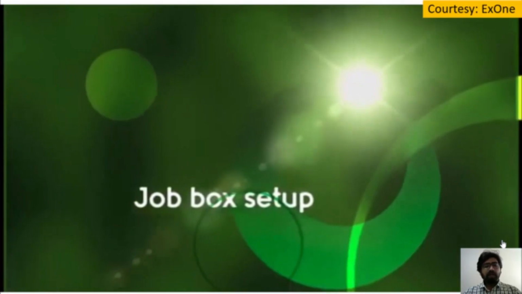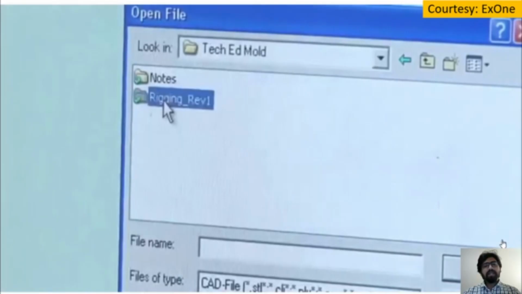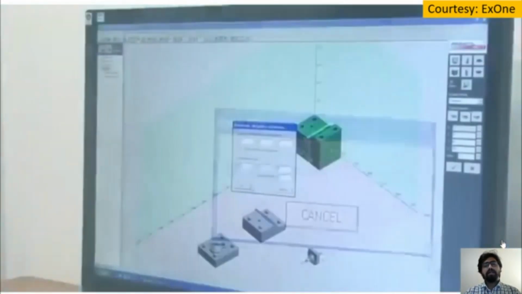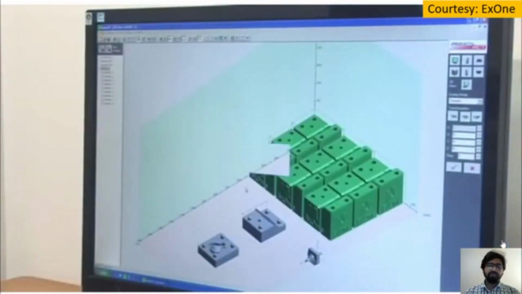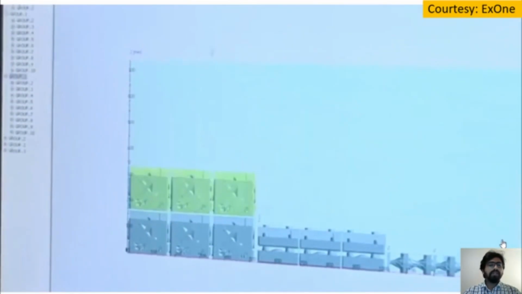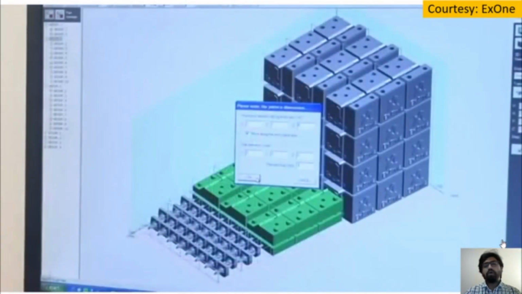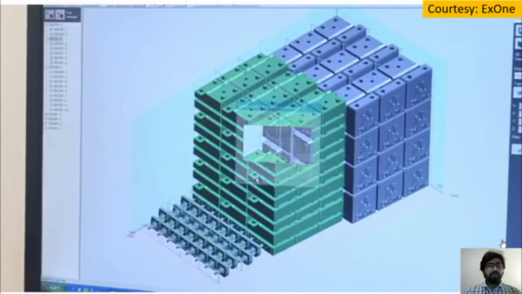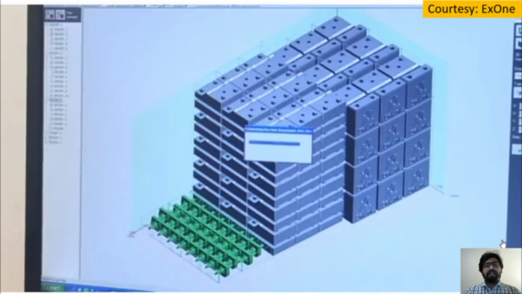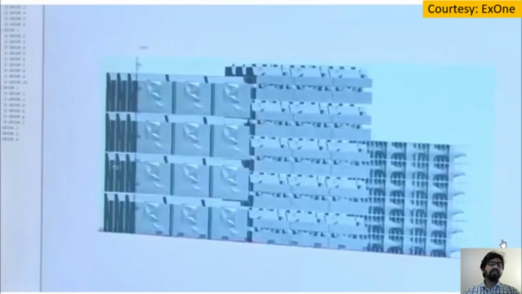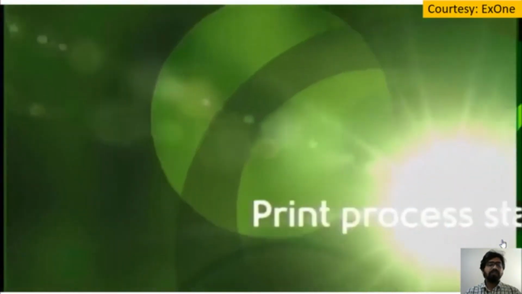The next step is, after identifying the different parts of the mold, these parts are appropriately nested onto the powder bed in such a way that the entire bed can be utilized very efficiently. Because if you print a single part or multiple parts, the time taken is almost the same. Therefore, it is always good that we nest our parts not only in 2D but in 3D in the case of a binder jet based additive manufacturing system, so that we can fabricate a large number of products in a single go.